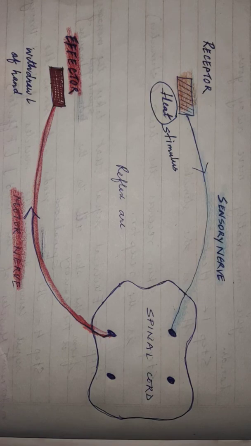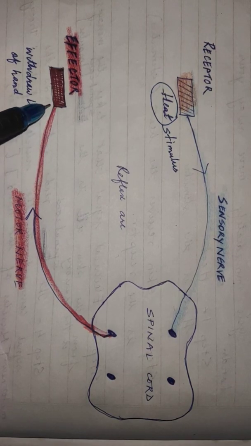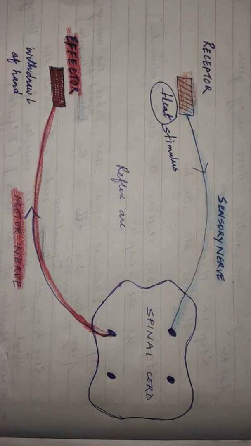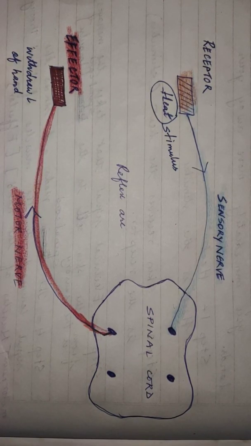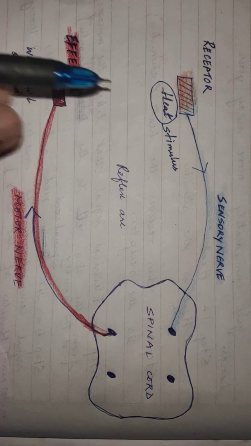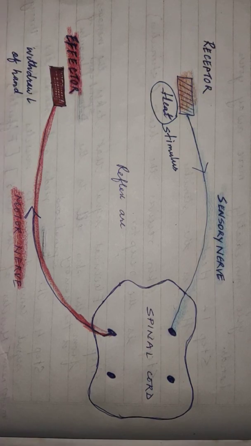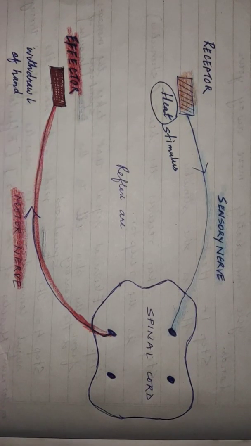The motor nerve further passes it to the effector, and this effector shows the effect, and automatically there's withdrawal of the hand. This is a simple process. This is all about reflex arc. Whenever you touch a hot utensil, you immediately move away your hand. So this is reflex arc.